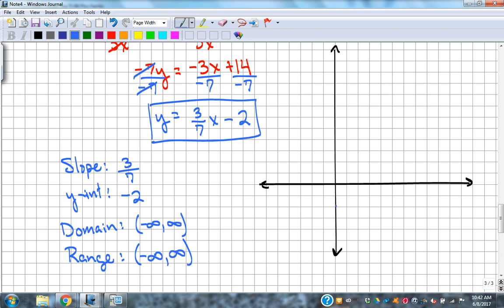Negative 2 on the y-axis. Good. From there, what do I do? Up 3, over to the right 7. Then I'm going up 3, right 7 again. Barely got it in there.